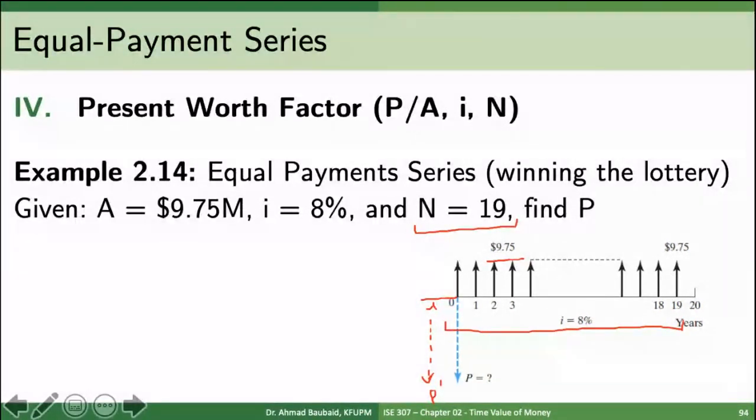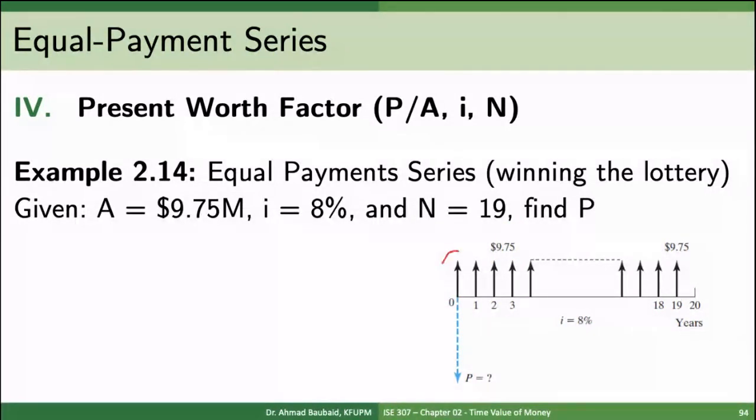A nicer way, just erase the pen, is to say, well, this is already in today's dollars. I don't need to do anything with this. I'll just keep it as is. I'll take these guys, which are 19 payments. So now n equals 19. So that's why here we have n equals 19. And that's why I wanted to point this out, right? So n equals 19.